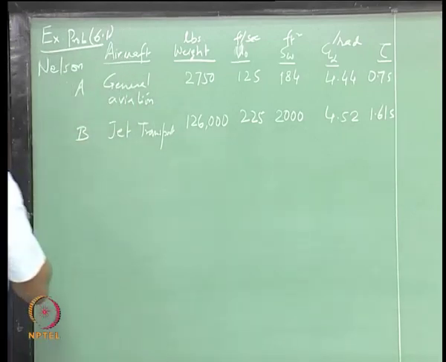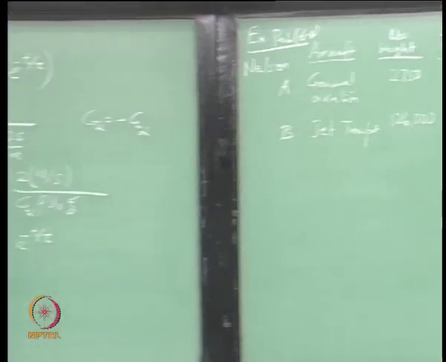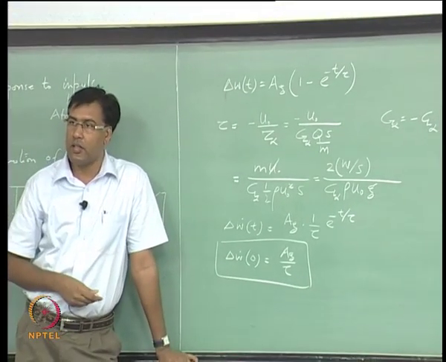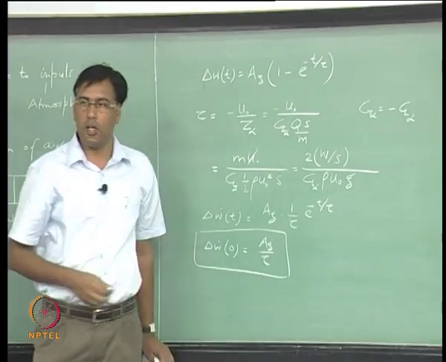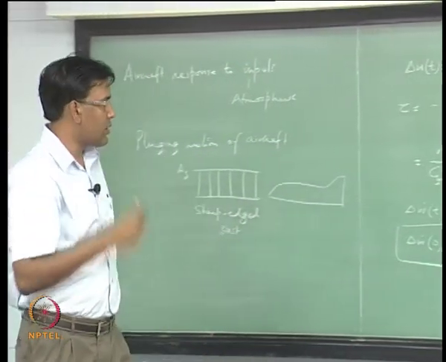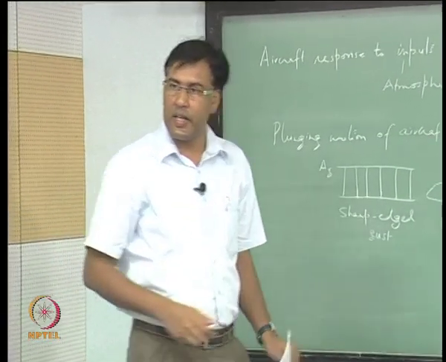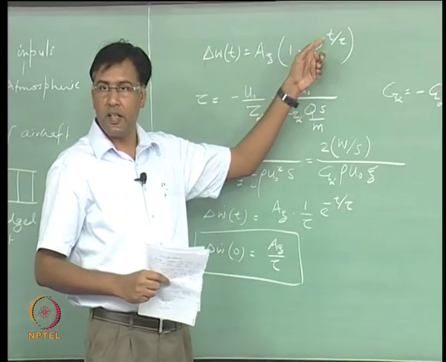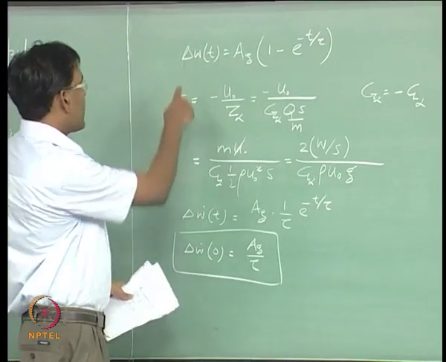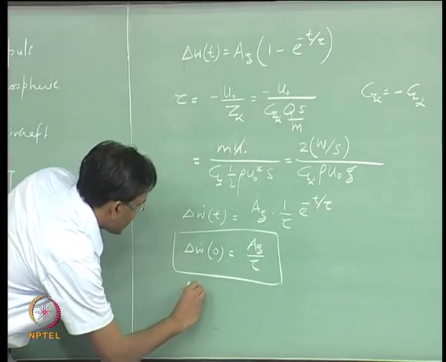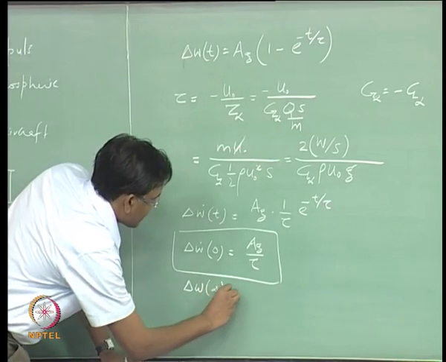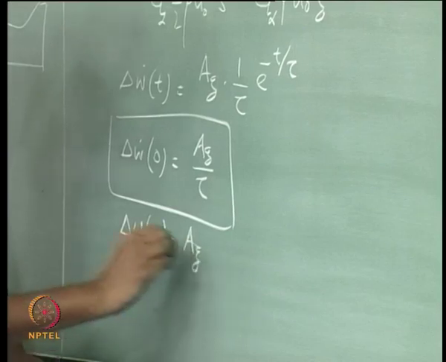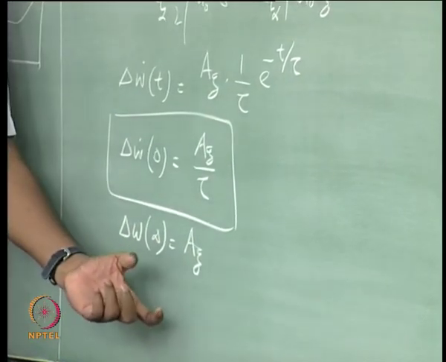You also need to find out what the acceleration is at time t equal to 0, right. That is the maximum acceleration that you have, and it is going to take you to the steady state. When t approaches infinity, the value of delta w is going to be a constant, right, and that depends upon the amplitude of the gust.